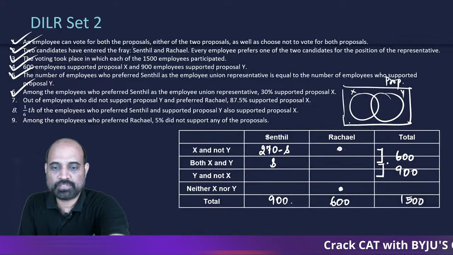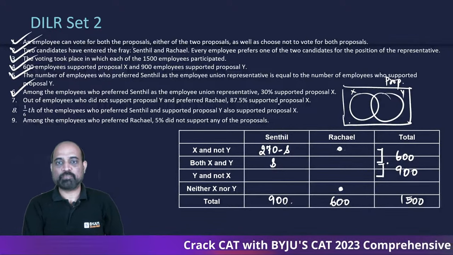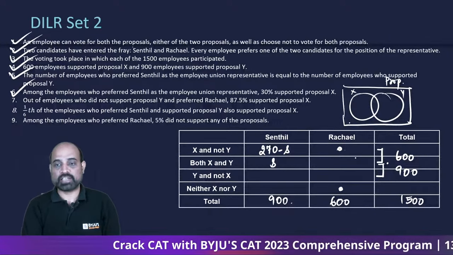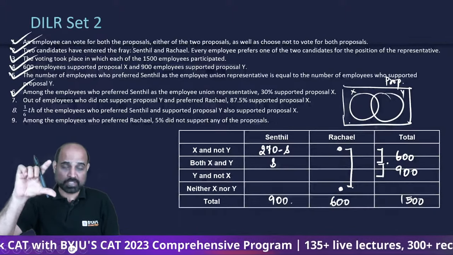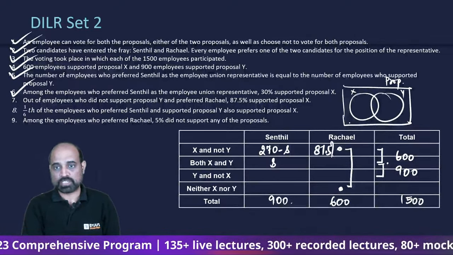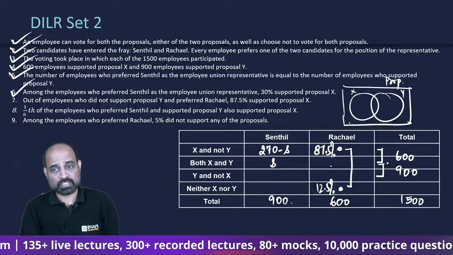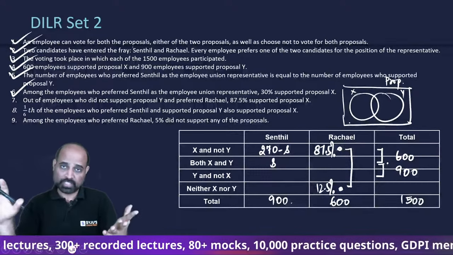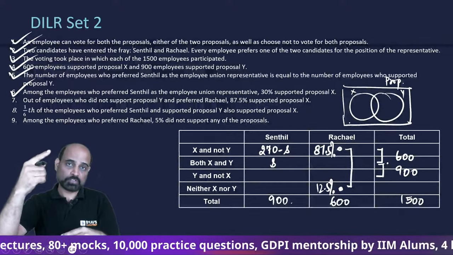So what is given about these two? 87.5% supported proposal X. So if their sum is 100%, 87.5% of 100% supports proposal X. That means 12.5% doesn't support proposal X. Of these two, forget about everything else. If their sum is 100, 87.5 is above, 12.5 is below.